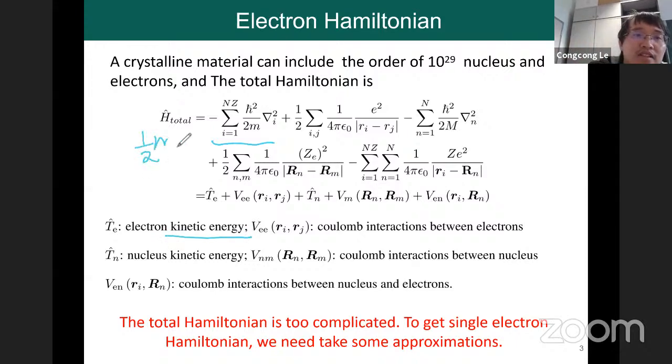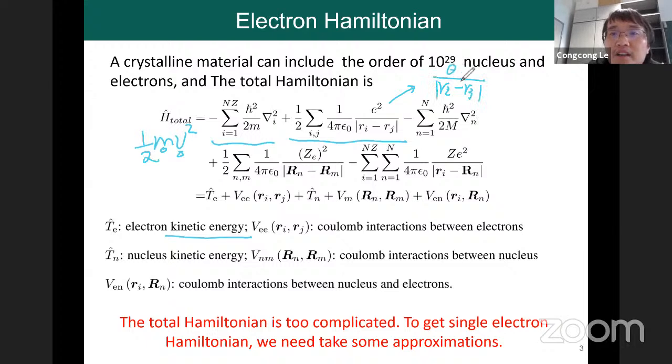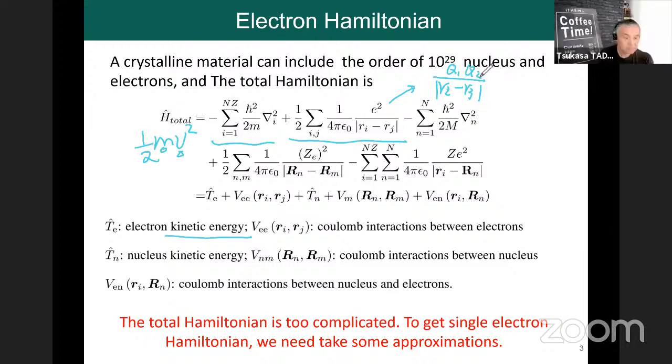This is the kinetic energy, where v is the velocity and m is the mass. The second term is the interaction between electrons. It is also similar to the classical formula, like Q1 Q2 over the distance between i and j. This is the electron charge.